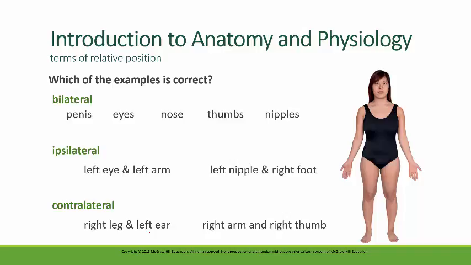So if we draw a midline right down through her body, then if something is bilateral, it's found on both sides of the body. If two things are ipsilateral, they're found on the same side. And if something is contralateral, contrary, against, opposite, they're found on opposite sides of the body.